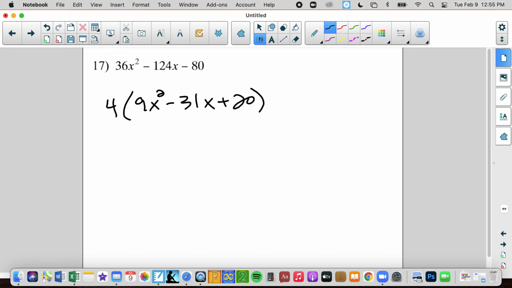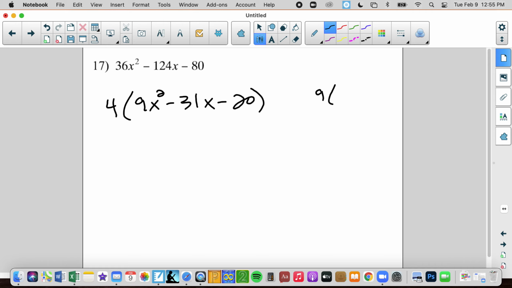I got my signs all mixed up. That's a negative. So you see that I constantly make that mistake. So I'm always checking. Whenever I see negatives, I'm constantly checking to make sure that they ended up right. 9, 31, and 20, 36, 31, and that's correct.